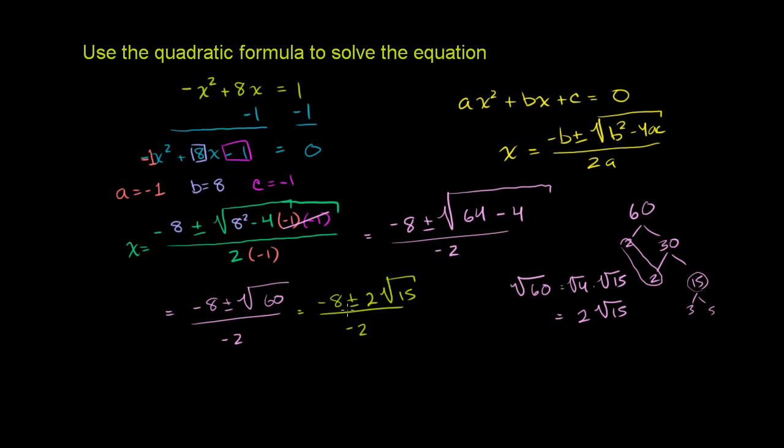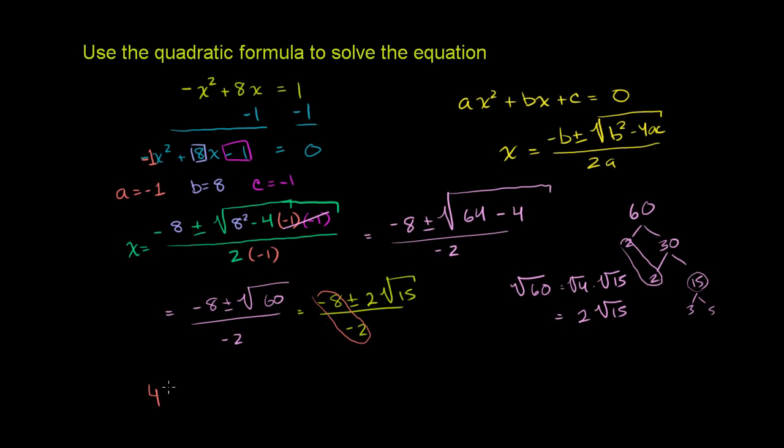Negative 8 divided by negative 2 is positive 4. And then you have this weird thing, plus or minus 2 divided by negative 2. Really what we have here is two expressions. If we're plus 2 and we divide by negative 2, it will be negative 1. And if we take negative 2 and divide by negative 2, we're going to have positive 1.